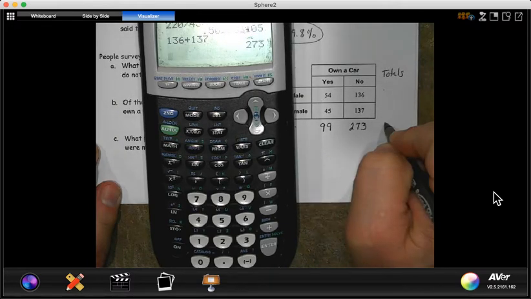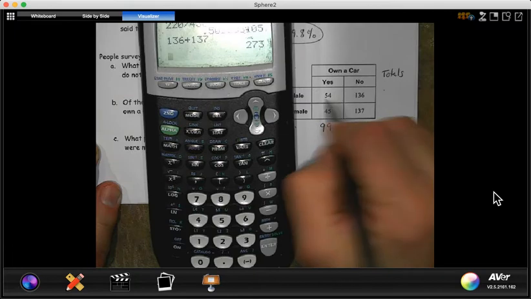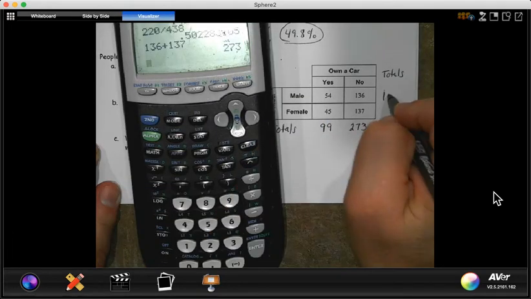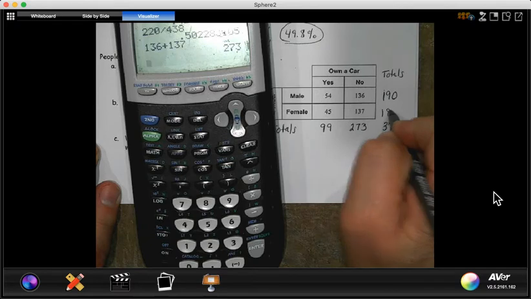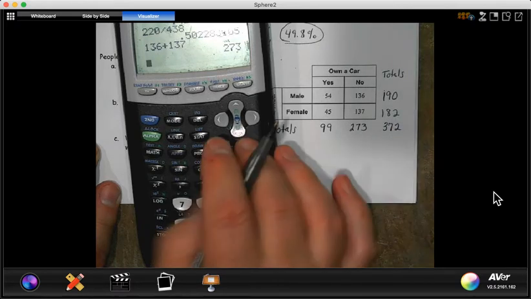Add 100 to that. That would be 373 minus 1. So the total number of people surveyed is 372. That is 190 for the males. And the females are 182. So 190 males, 182 females.